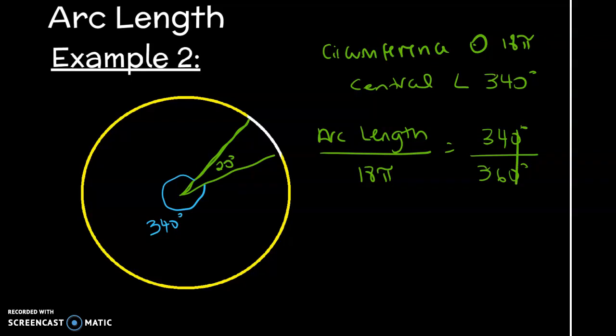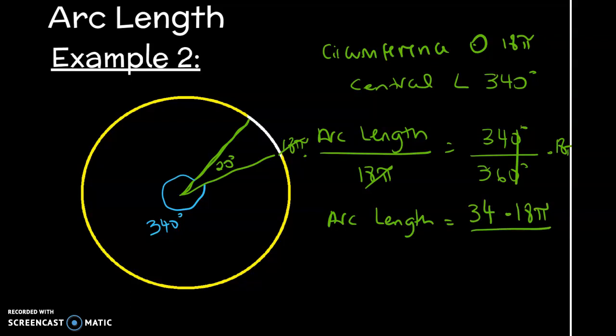And then I'm going to try and simplify some things by multiplying both sides by 18 pi. So my 18 pi's cancel, and I'm left with the arc length is equal to 34 times 18 pi over 36, and look what's going to start to happen here. I am going to now break up the 36 into 2 times 18. The 18's cancel, and 2 fits into 34 17 times. So I'm left with 17 pi, which is the measure of your arc length.